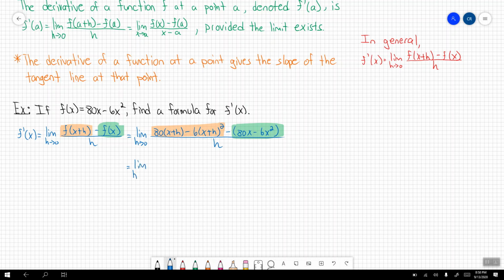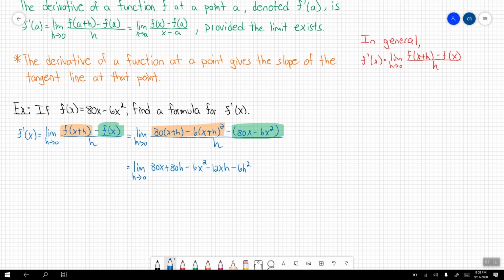We're going to keep going here, the limit as h approaches 0. Distribute: we're going to get 80x plus 80h minus, expanding this and distributing the negative 6, negative 6x squared minus 12xh minus 6h squared.